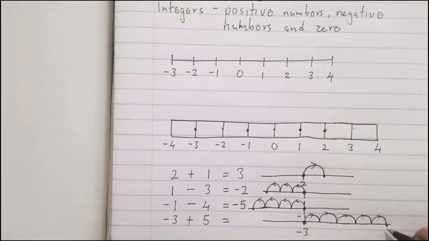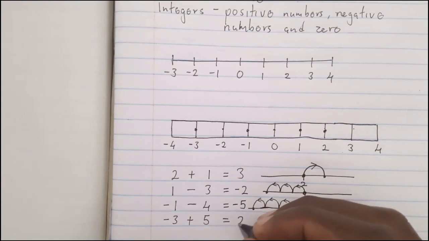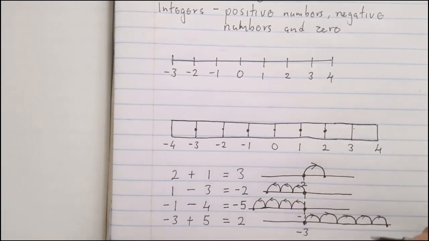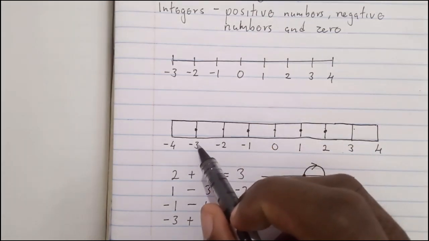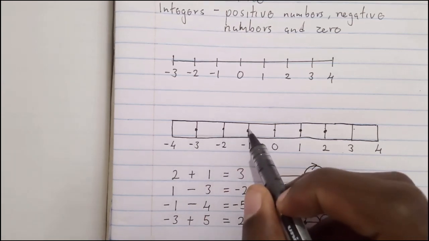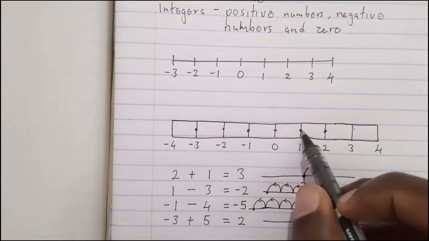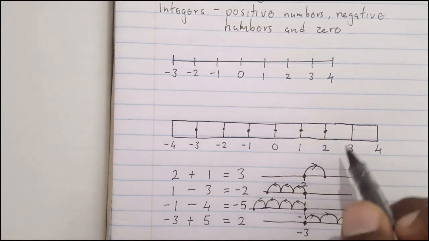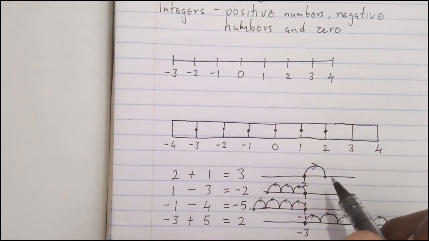If we've done that right, we'll find ourselves at 2. Okay, since we started from -3 and we took the first step from here to here, 1, 2, 3, 4, 5, and we find ourselves at 2.